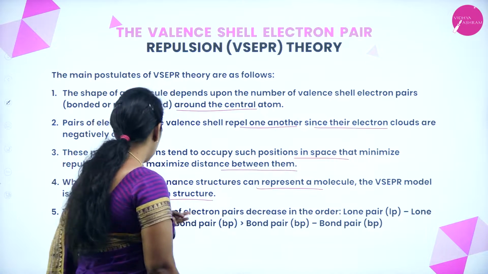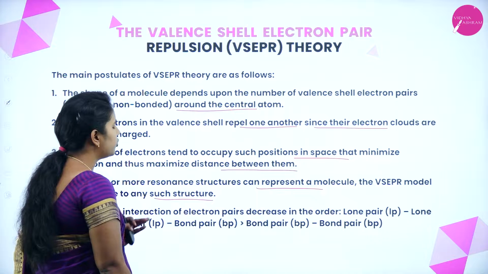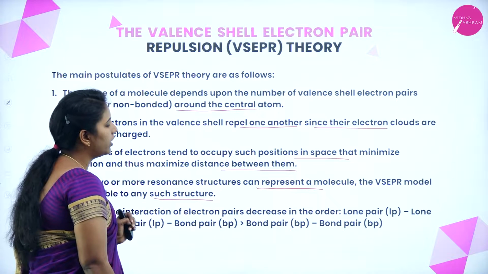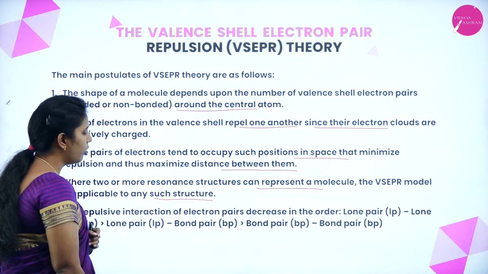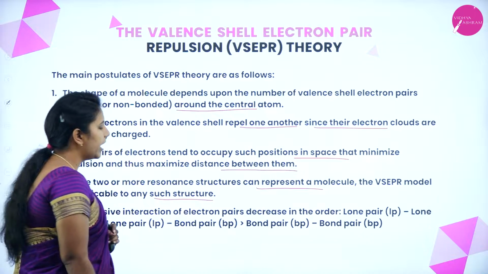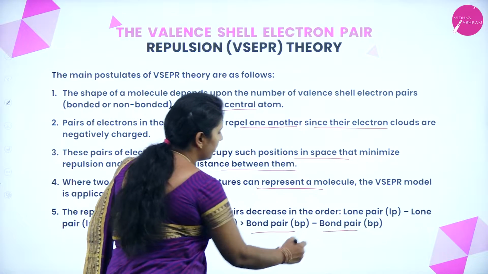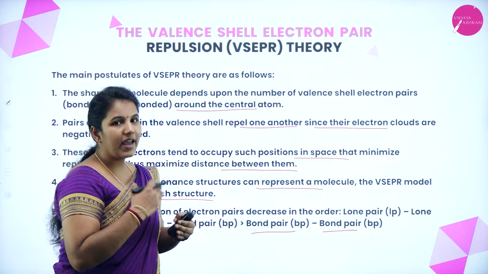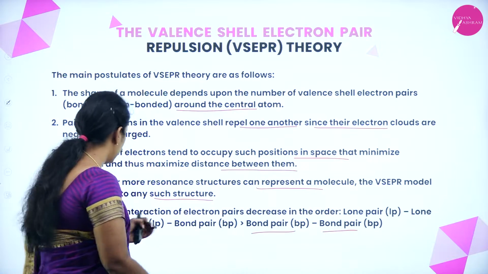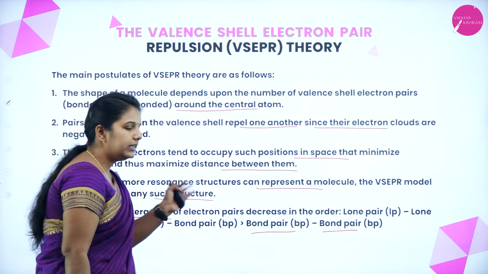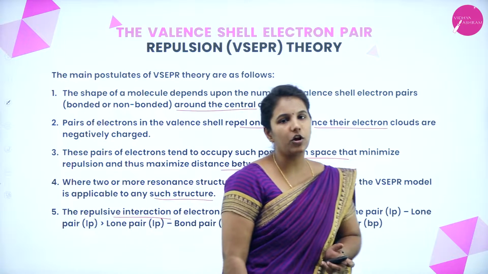VSEPR theory. And the repulsion of electron pairs decreases in the order: lone pair-bond pair repulsion is usually greater than bond pair-bond pair repulsion. So this is how the repulsion or interaction between electron pairs decreases.